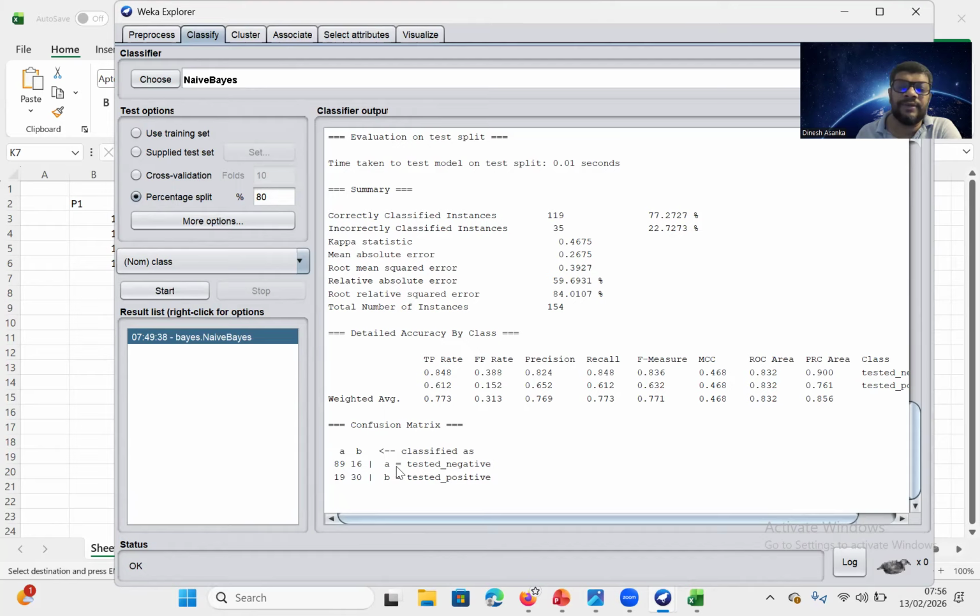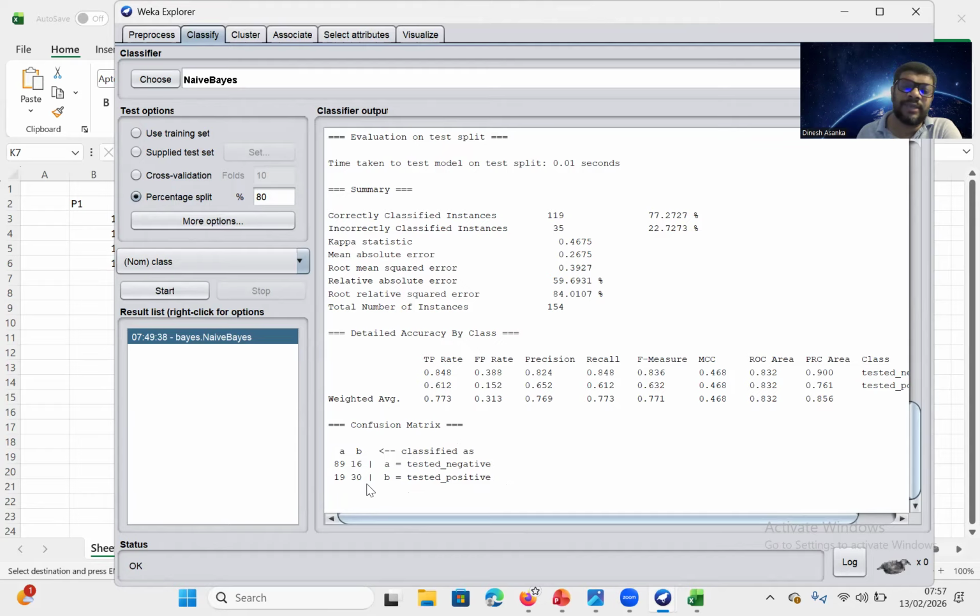This side is the actual, this side is the predicted. So no issues. And there are 30 cases that are positive and predicted as positive.